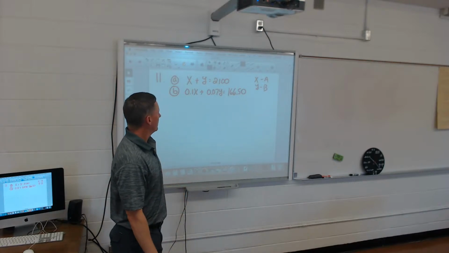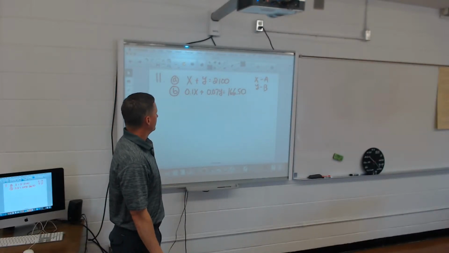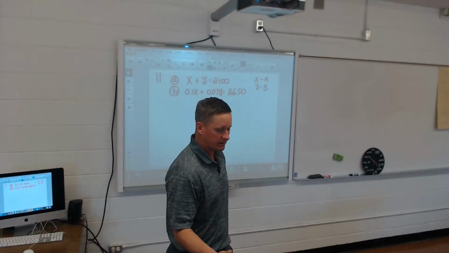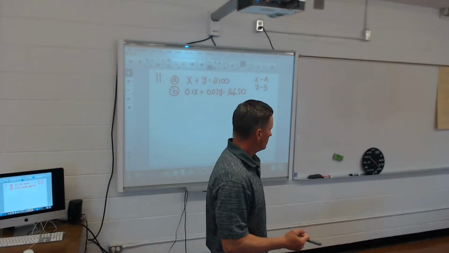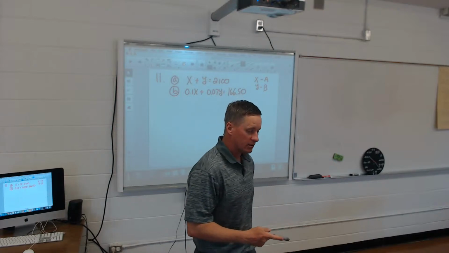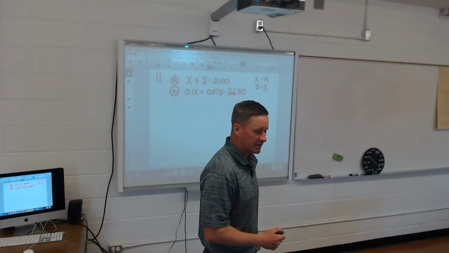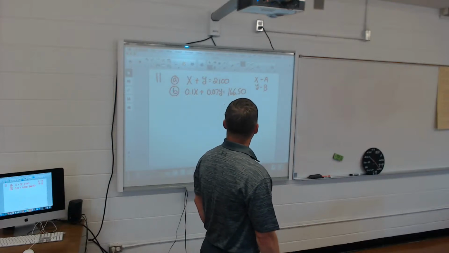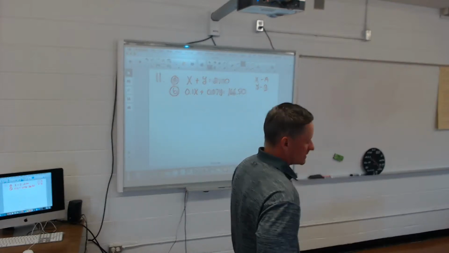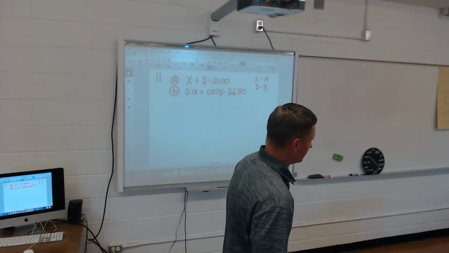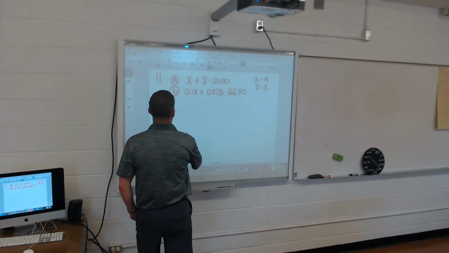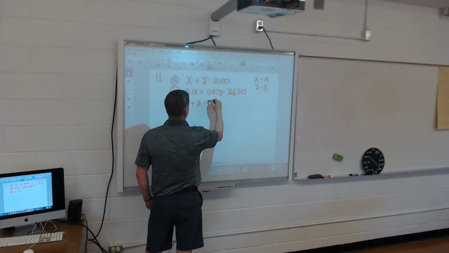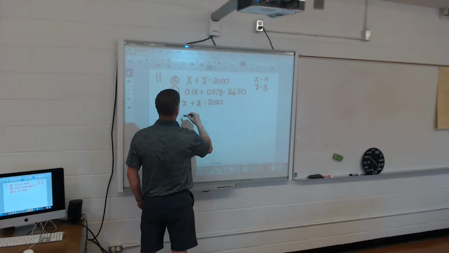Excellent. Okay. So at this point here, you can use substitution if you think that you could do it well with substitution right off. I mean, I don't have a problem with that. Personally, I would probably times that B1 by 100. So I would have A is X plus Y equals 2,100. I'd leave that as is.